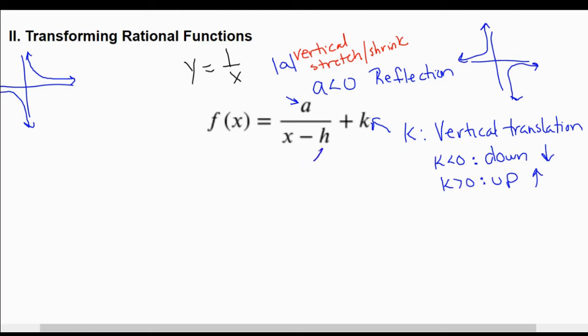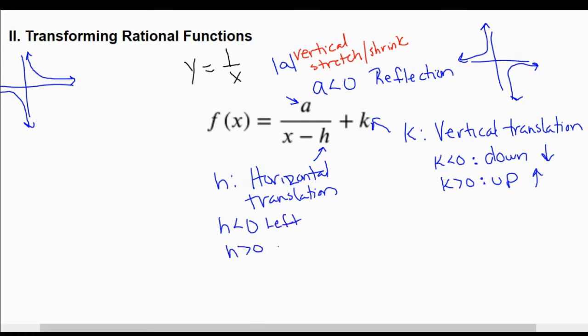So h here is in charge of my horizontal translation. All right. And if my h is negative, all right, if it's less than 0, then I'm going to translate to the left. And if my h is positive, then I'll translate to the right.